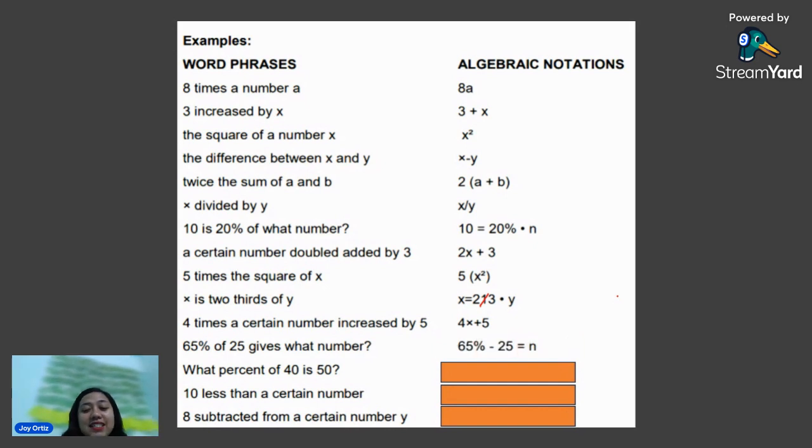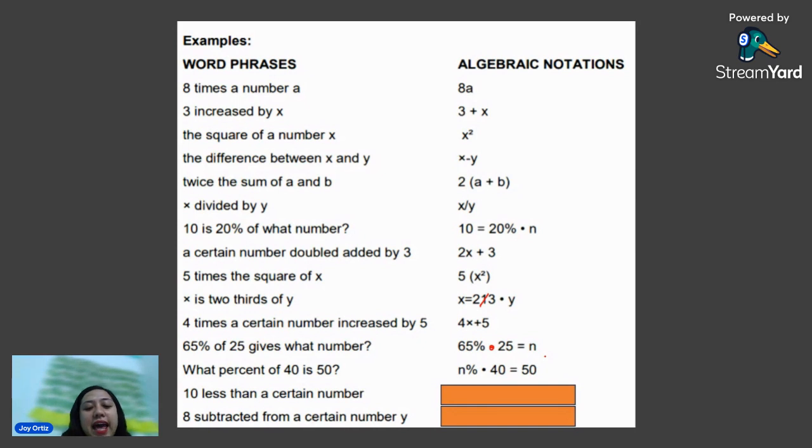Okay, the answer is 65% times 25 equals n. How about what percent of 40 is 50? Okay, it is n percent times 40 is equal to 50.